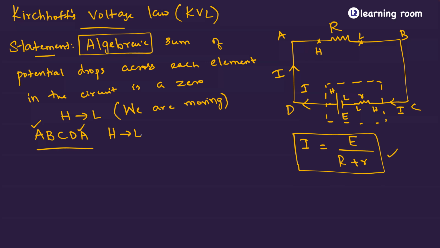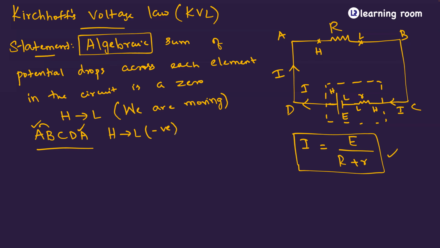It is losing its energy. So after you write this H and L, let's say you are moving across the loop such that you go from A to B. When you go from A to B, you are moving from higher to lower potential, meaning the potential drop across the resistor is considered to be negative. When you move from higher to lower, you consider it to be negative.